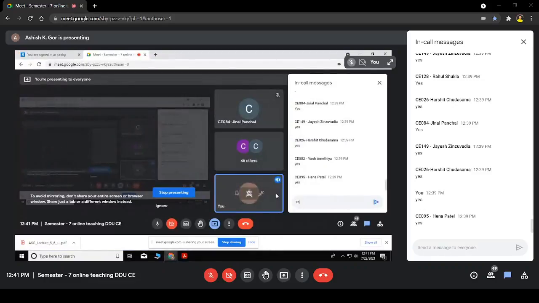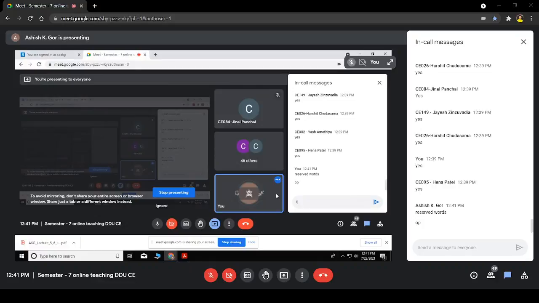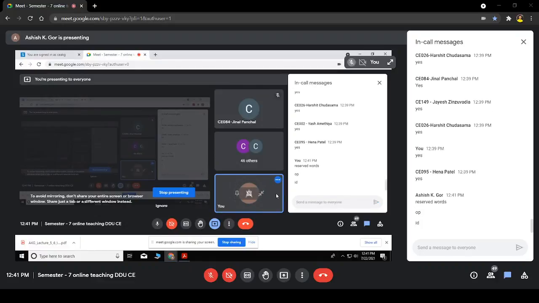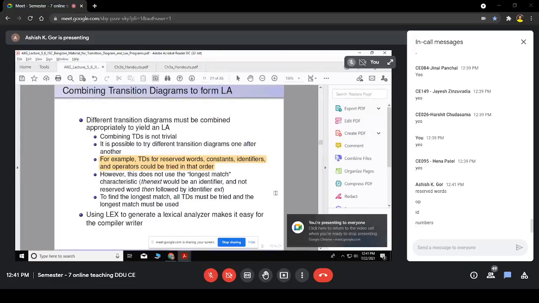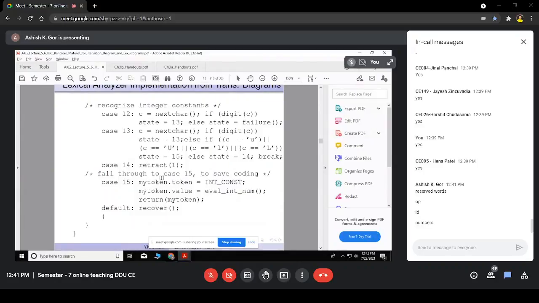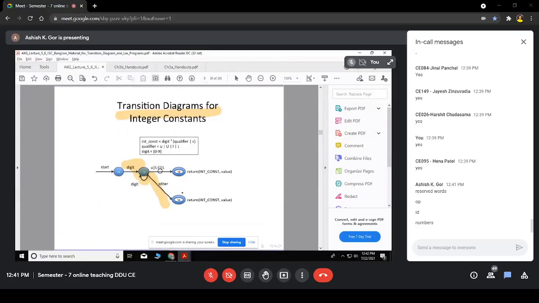Create transition diagrams that way, and then combine them appropriately. After combining, you have to create something like this.